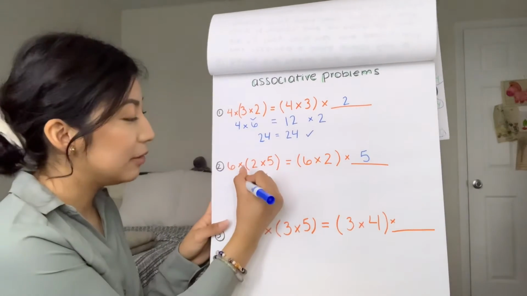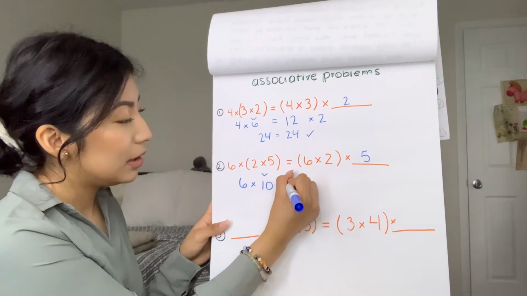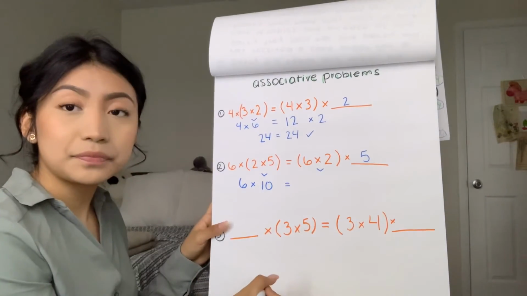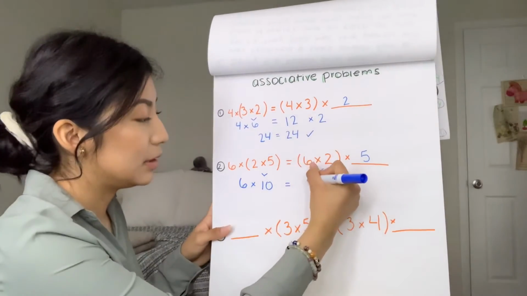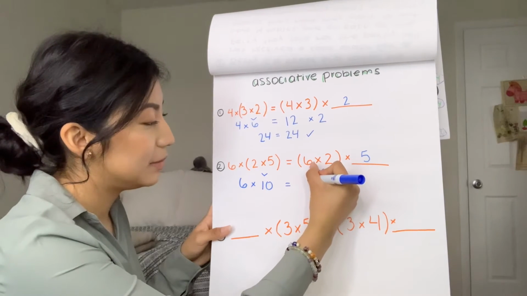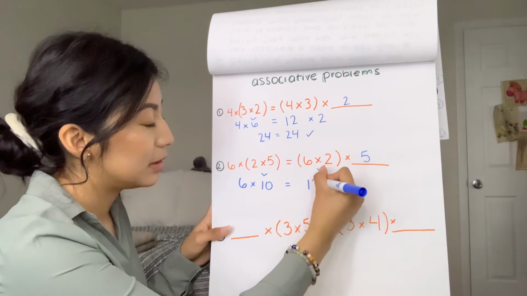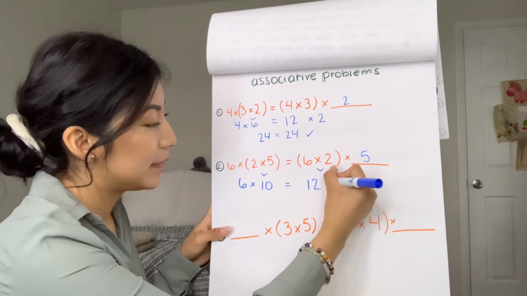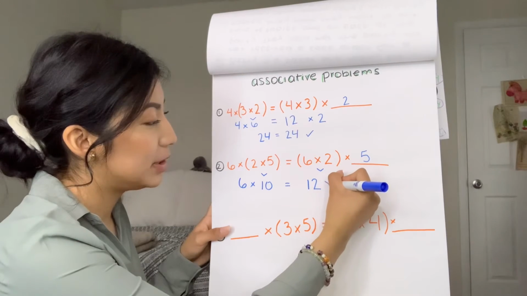Yep, bring it down. And then we'll do this one right here. What is 6 times 2? 12. Right, it's 12. And then we're going to bring down that 5.